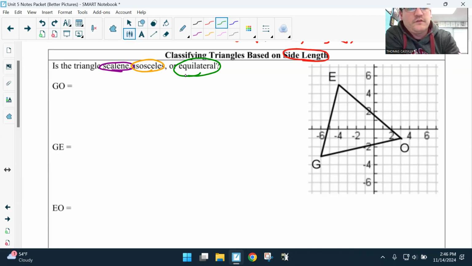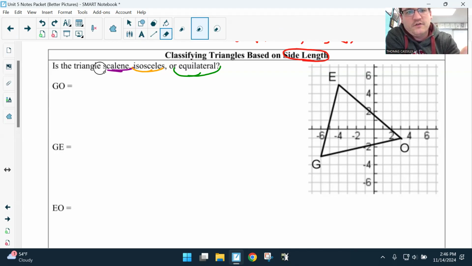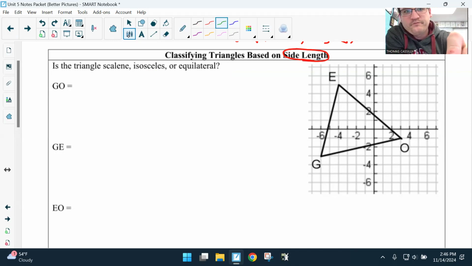The definition of a scalene triangle is none of the sides are the same length. An isosceles triangle has at least 2 of the 3 sides the same length, or congruent. And equilateral, all 3 sides are congruent. So that's what we're going to show.